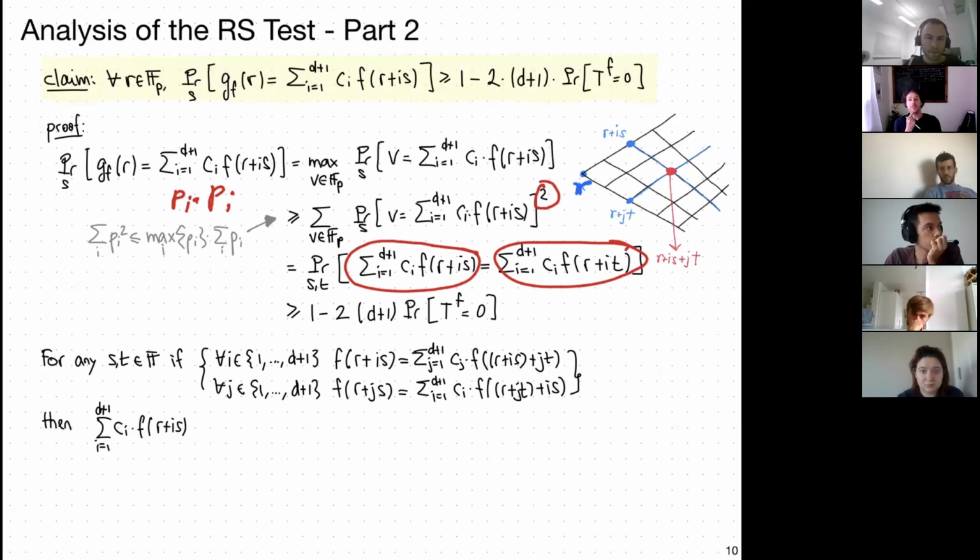Does this make sense? Think about it as in a birthday paradox. Think about Pi as the probability of somebody having a birthday on the ith day of the year. And now what is the sum of Pi squared? It's exactly the probability that 2 people have a birthday on day 1, plus the probability of 2 people having a birthday on day 2, plus so on and so forth.